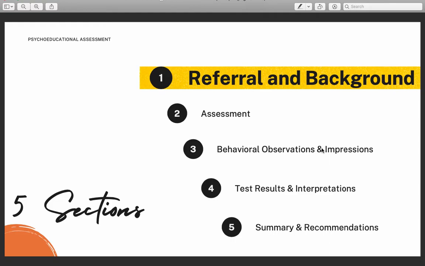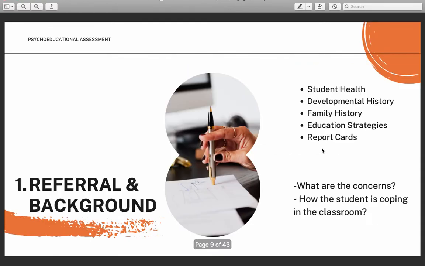Now, first out of 5 assessment components in the report is the referral and background section. Here, teacher involvement is especially important during this early stage.